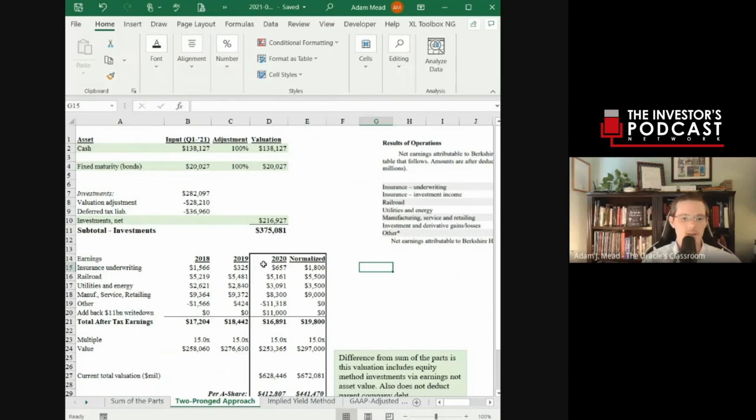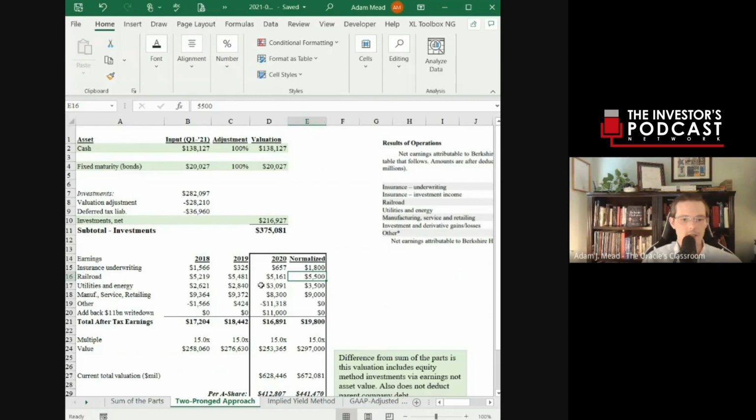And what I've done here is I've listed the actual figures, and then I've normalized them. For insurance underwriting, again, this 1.8 billion, same as the sum of the parts. I've said the underwriting perhaps in 2020 was actually a little bit low. I think that they can earn more. Same with the railroad. You can see what the actual figure was versus what I've used for a normalized figure.